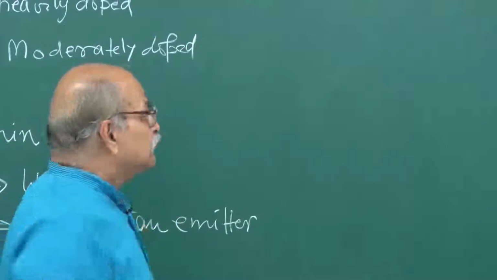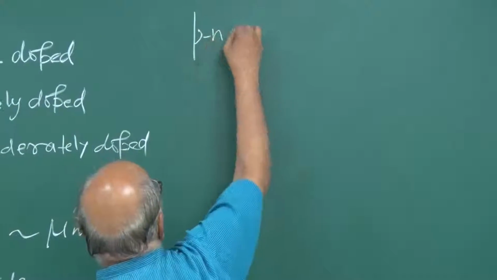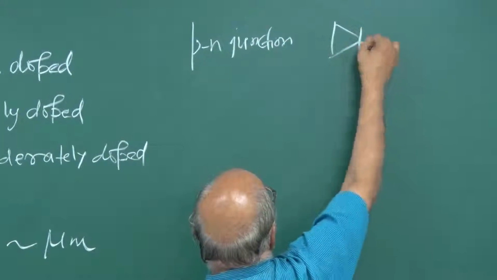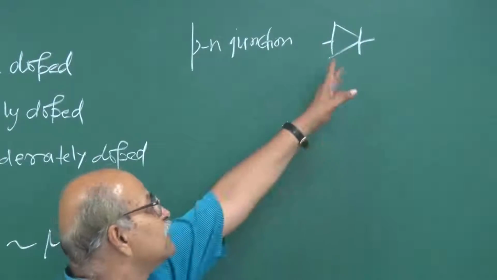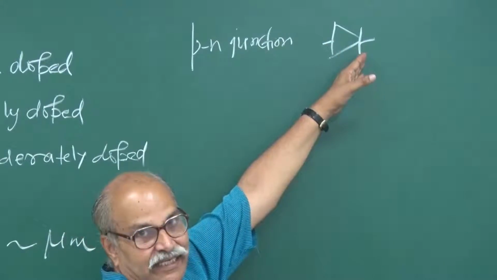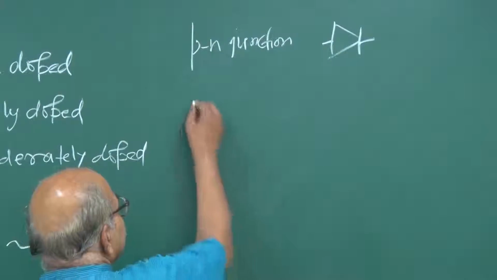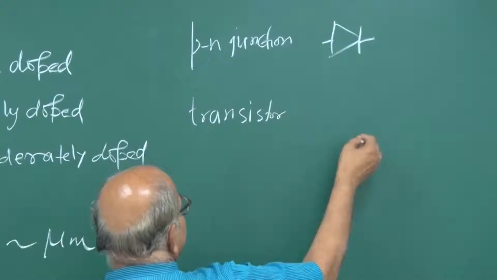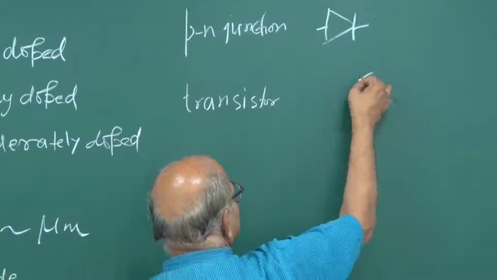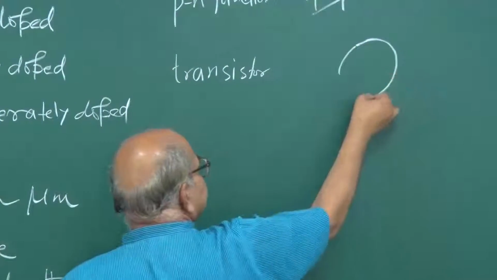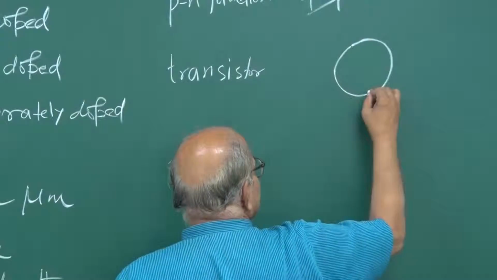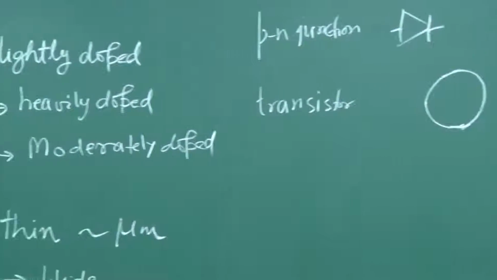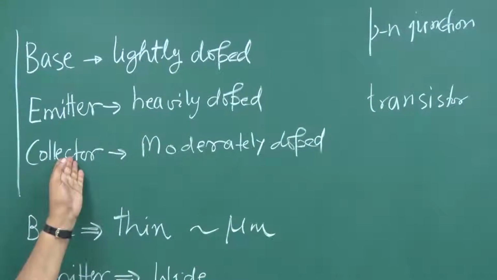For the PN junction, you remember we also had a symbol, and the symbol itself tells that this side is P and this side is N. Similarly, for the transistor, people generally draw a circle. Sometimes you may not draw it, but it is good to draw a circle. Then three lines for the three parts: base, emitter, and collector.